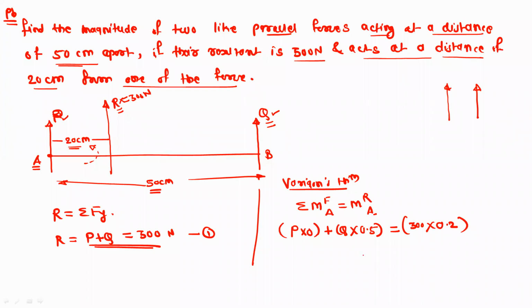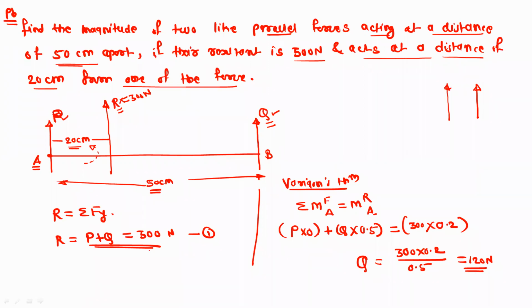So from this, we can get the value of Q. It is equal to 300 into 0.2 divided by 0.5. So you will get the answer: it is 120 Newton. So this is one of the forces out of P and Q.